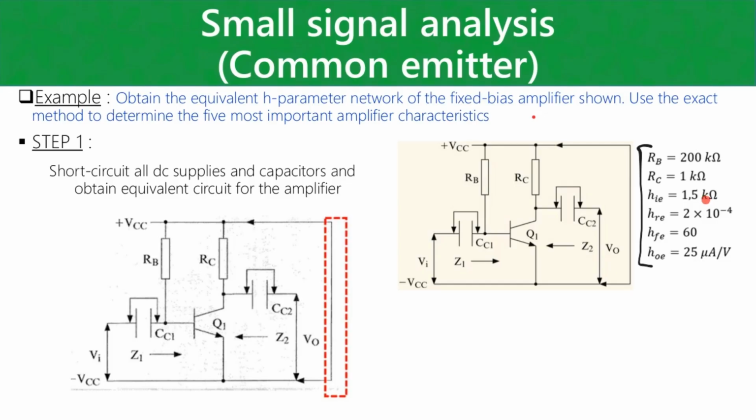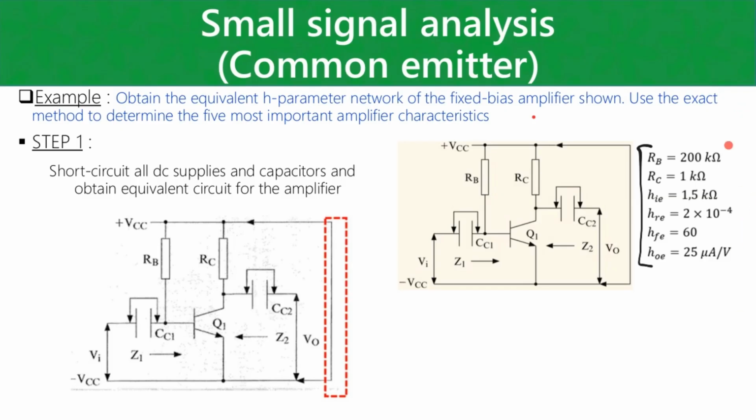And we have the input impedance of our transistor as 1.5 kilo ohms. The reverse voltage gain is 2 times 10 to the power of... let me see if I can hide this toolbar.